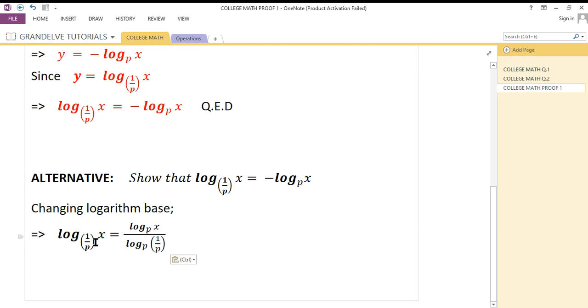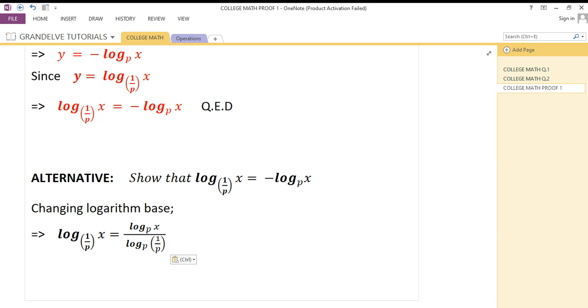Okay, so now that log s base 1 over p has been written in a form such that the base is now p, and the s is now a log as a numerator and the 1 over p is now a log as a denominator, all having base p, we can then move on.